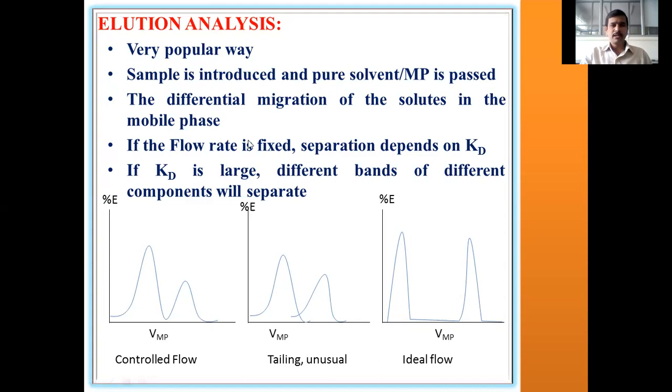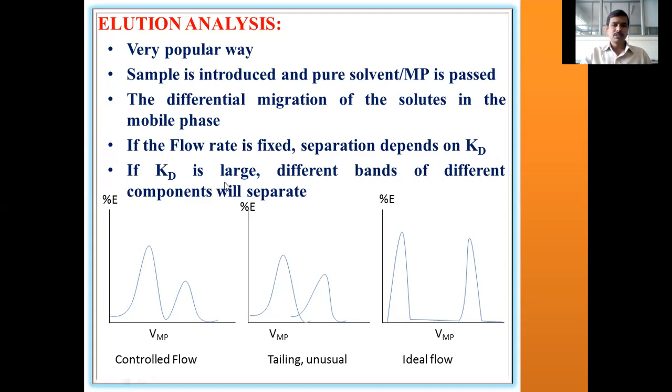Here we have to be very careful about the flow rate. The flow rate has to be fixed at the optimum level. Otherwise, a greater flow rate leads to extrusion of the stationary phase from the chromatographic column or improper interaction of the solute with the stationary phase. Therefore, flow rate is very important. Moreover, the separation in elution analysis is solely dependent upon the partition coefficient or distribution constant of the solute.